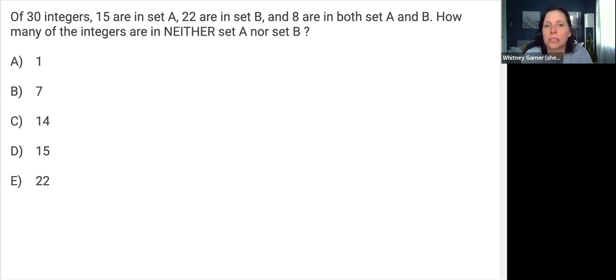And how might you often see an overlapping set? Yeah, so I love this.